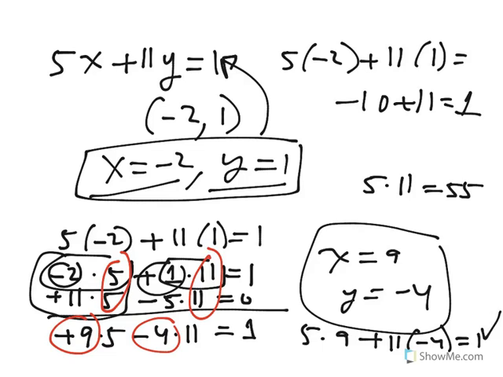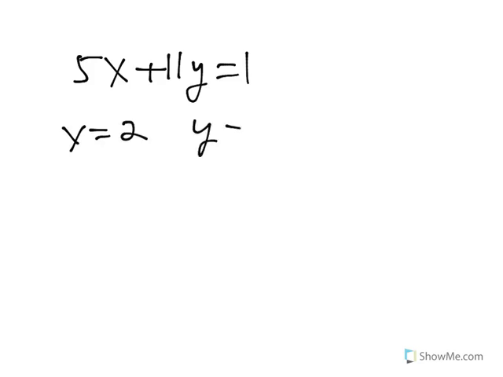Now if you're looking for the shortest shortcut for a question like this, let me go back to 5x plus 11y equals 1. If I have an answer, x equals negative 2, y equals 1, the trick for the next answer is that we take the positive answer and subtract from it the other coefficient, which was 11.